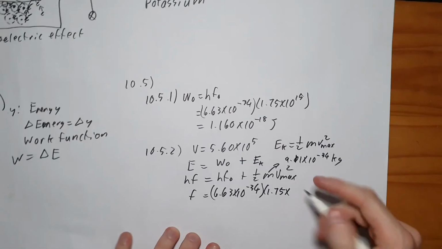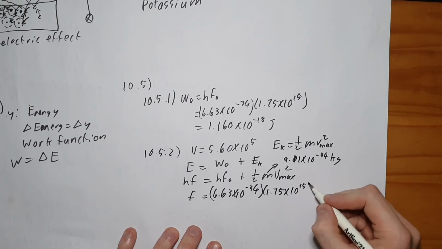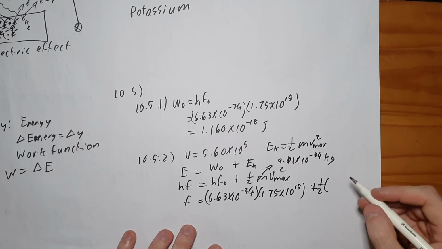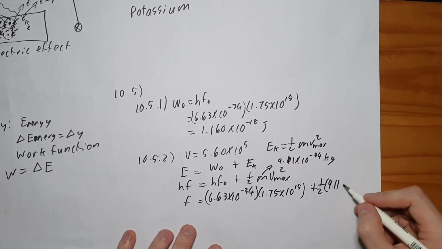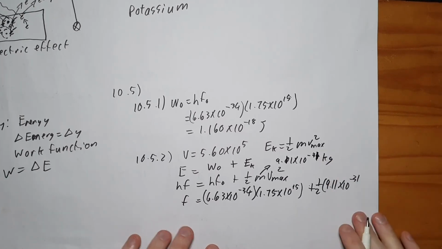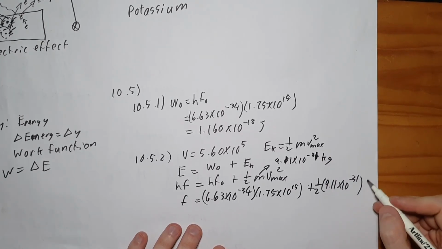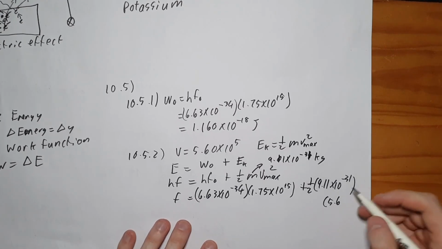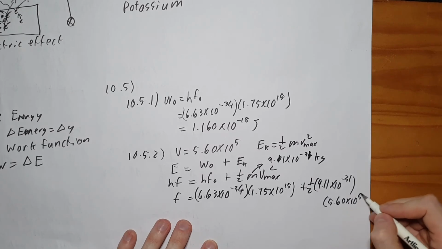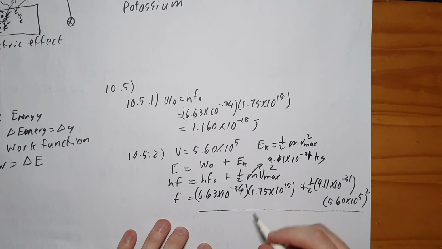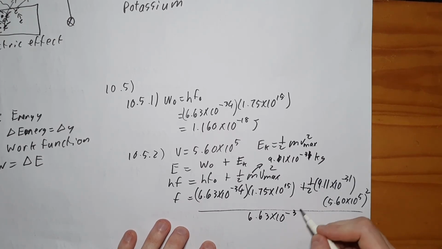1.75 times 10 to the 15, then plus half the mass of an electron, 9.11 times 10 to the negative 31, multiplied by my velocity, 5.60 times 10 to the 5, squared, and then this whole thing is divided by Planck's constant, which is 6.63 times 10 to the negative 34.